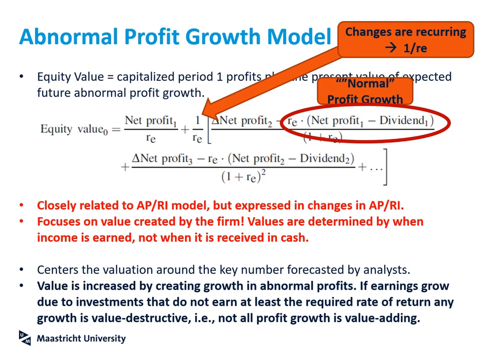We just earn exactly what investors require, so this does not increase the amount that they are willing to pay for this firm. So profit growth or earnings growth actually only adds value if it's abnormal and if we earn at least the required rate of return. If we make reinvestments, but those reinvestments don't even earn us the required rate of return, we are actually decreasing value by reinvesting money back into the business.